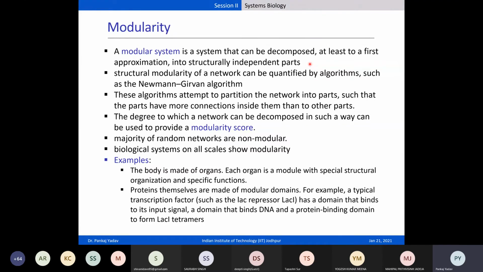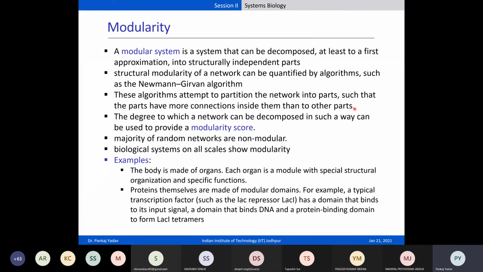And structural modularity of a network can be quantified with the help of many algorithms. For example, you can quantify it with the Newman Girvan algorithm, and you can also use other algorithms. These algorithms attempt to partition the network into parts, or communities, such that these parts have more connections inside them rather than outside.